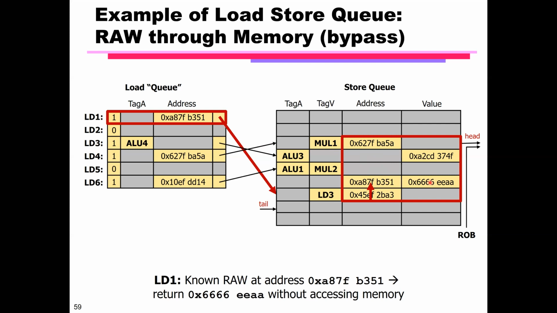I will bypass memory, exactly like before when I was bypassing the register file, and I bring this value directly as a result of the load. So the load doesn't even issue as a load per se, it already has the result. The result of LD1 for every other reservation station will be 6666 and so on and so forth.